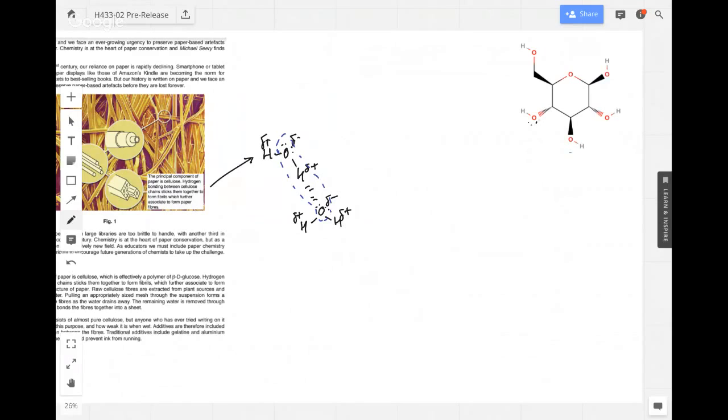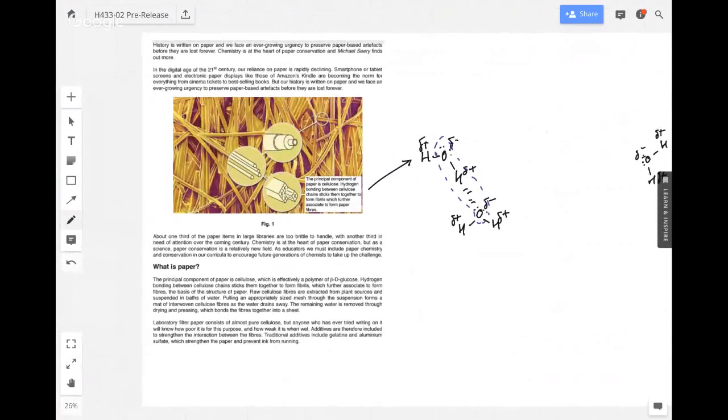I'm going to pick this OH group here, but there are loads to choose from, and we could have hydrogen bonding between that and, let's say, the hydrogen on a water molecule like that. Okay, so there's lots of opportunity for hydrogen bonding in this molecule and other reactions, which we'll come back to.